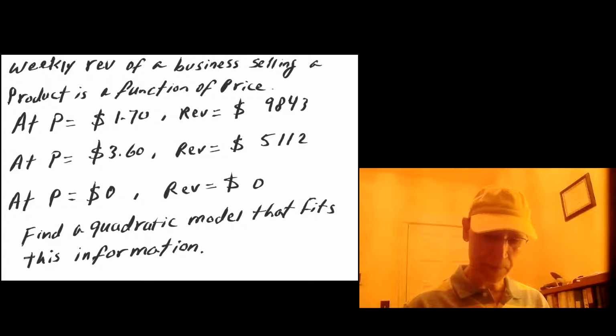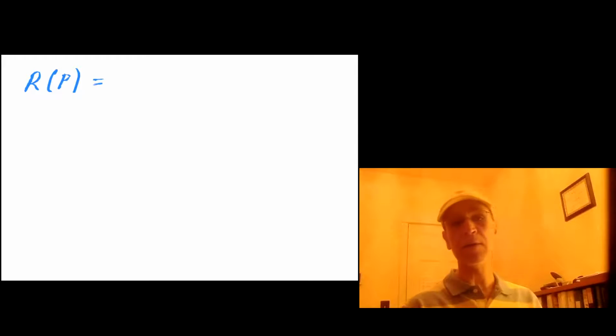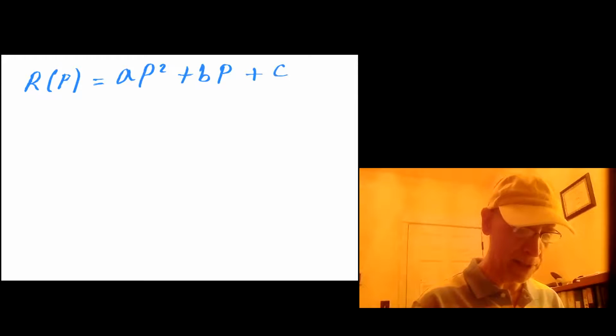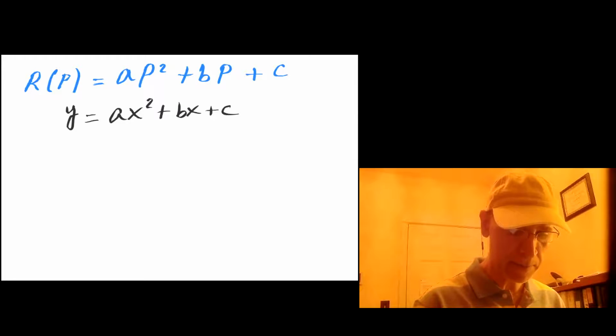That means I'm looking for some revenue as a function of price, or as a function of P. And since I'm told to look for a quadratic model, I'm going to be looking for something like a times p to the second, plus b times p, plus some constant c, which is the same as thinking of y equals ax to the second plus bx plus c.